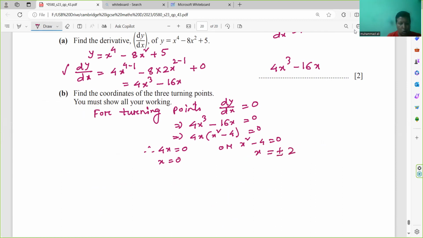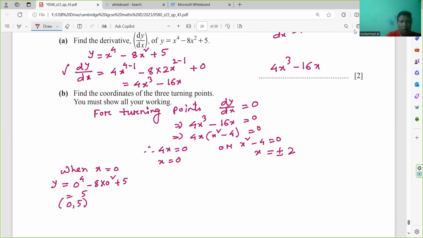Therefore, 4x equals 0, x equals 0, or x squared minus 4 equals 0, x equals plus minus 2. Now, when x equals 0, we have to put this in y equals 0 to the power 4 minus 8 into 0 squared plus 5. So this is 5. So one turning point is (0, 5).